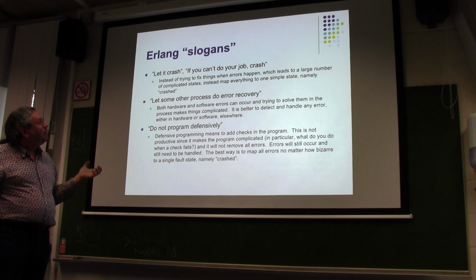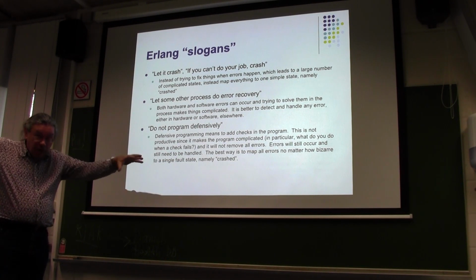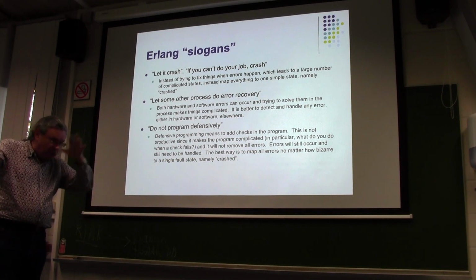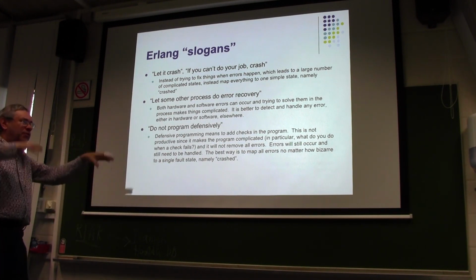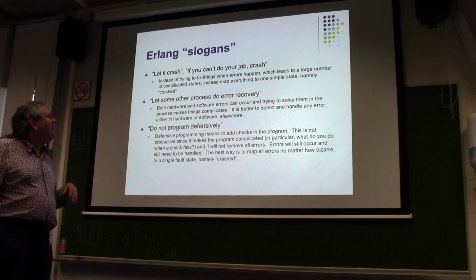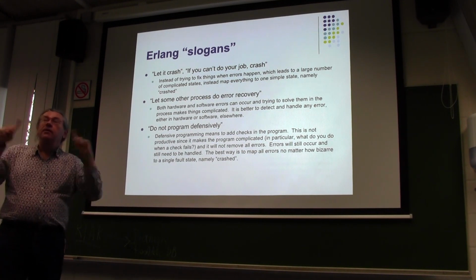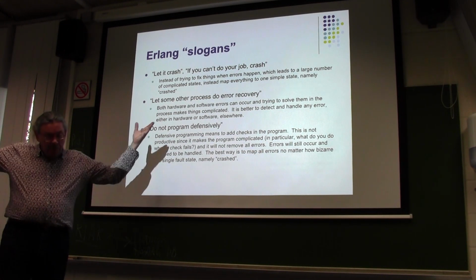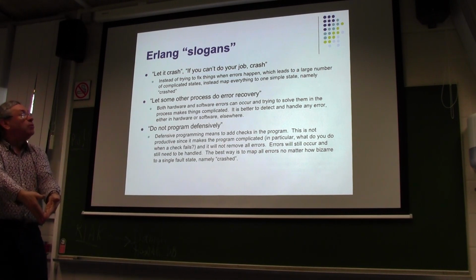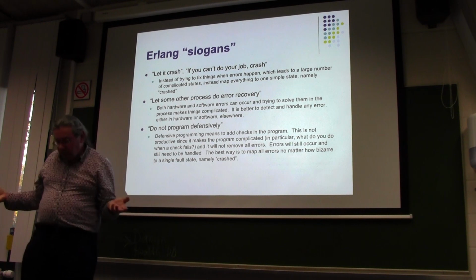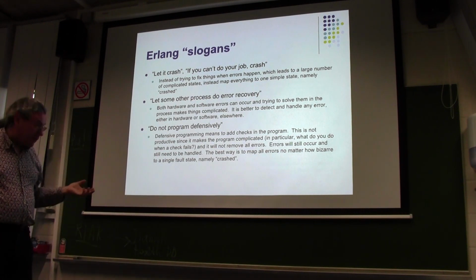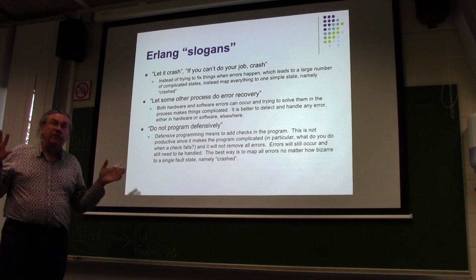So what does that mean? When things start going wrong, the system goes into some complicated failure state where things are kind of messy. In Erlang we say, don't do that. Map everything to one simple failed state, crashed. Anytime something goes wrong, don't try to keep going with a partially correct state.